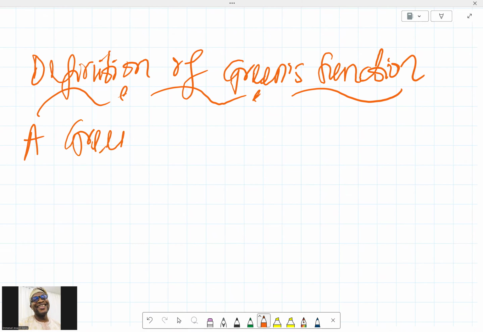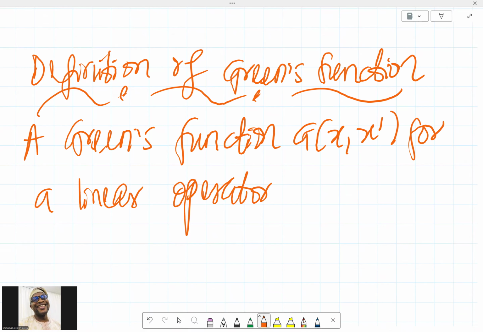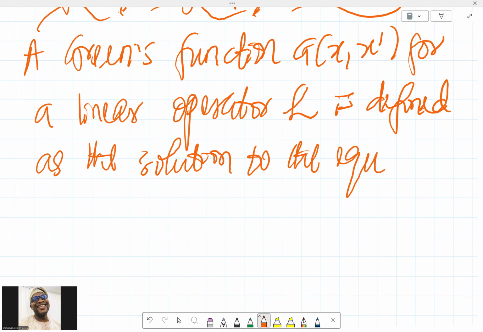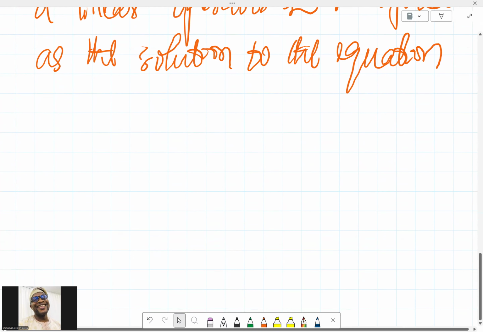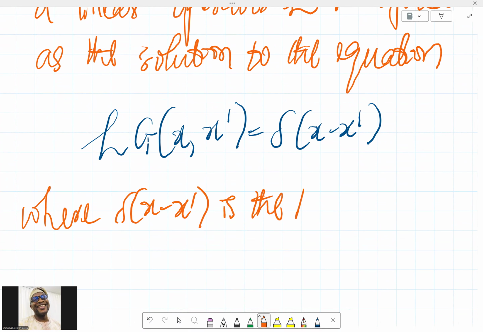So a Green's function g(x, x'), for a linear operator, whatever the operator is, for a linear operator L, is defined as the solution to the equation L g(x, x') = δ(x − x'), where δ(x − x') is the Dirac delta function.